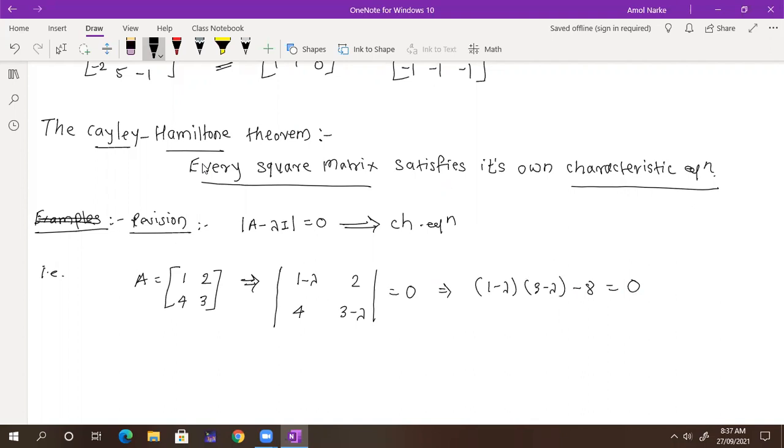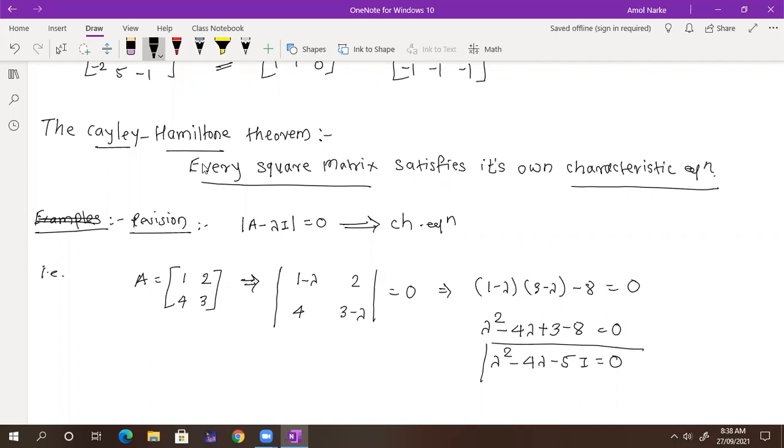Lambda square minus 4 lambda plus 3 minus 8, which is equal to 0. Once you solve this, you get lambda square minus 4 lambda minus 5, where the constant carries I, which is equal to 0.